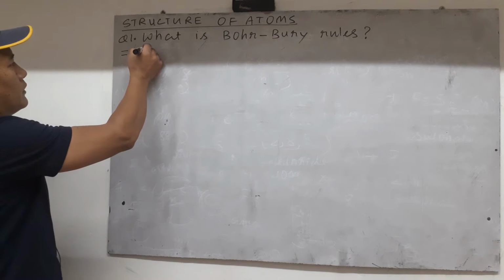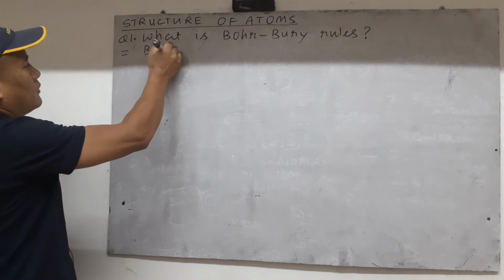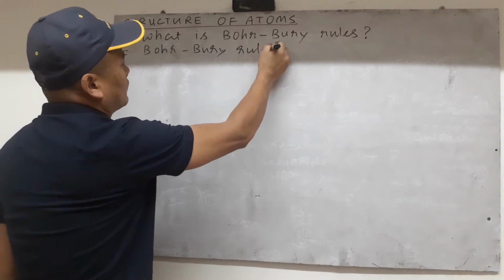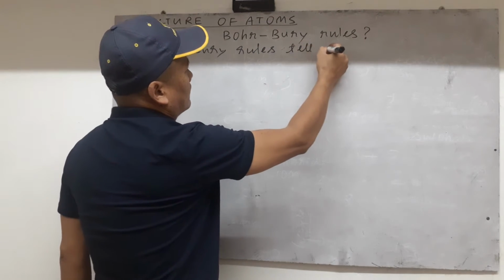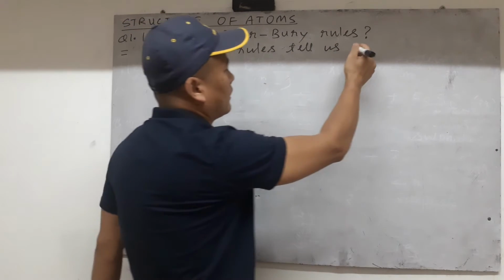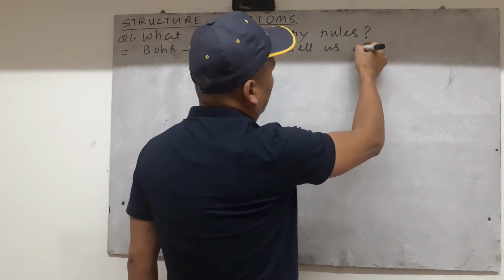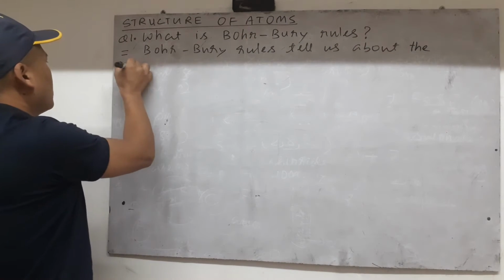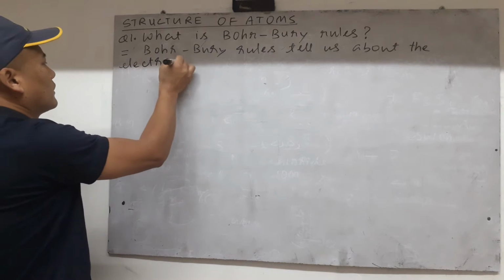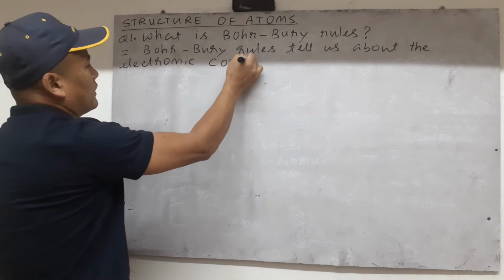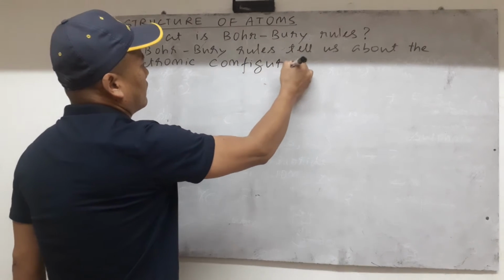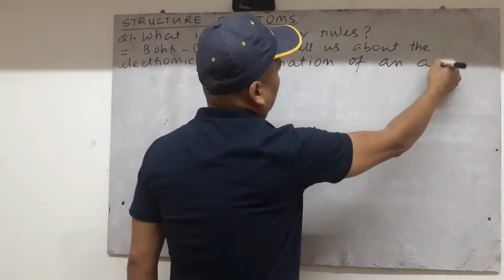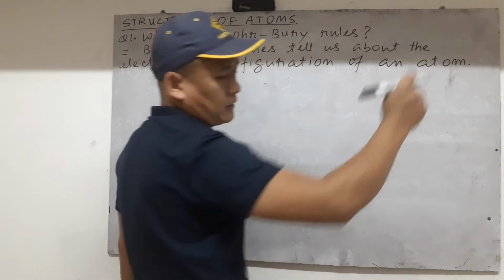So, let's just write in simple English: Bohr-Bury rules tell us about the electronic configuration of an atom, or for that matter any atom.